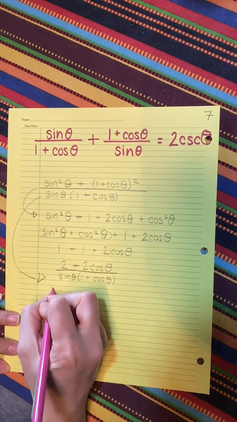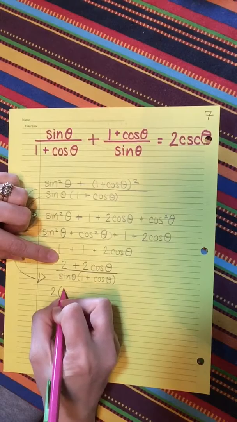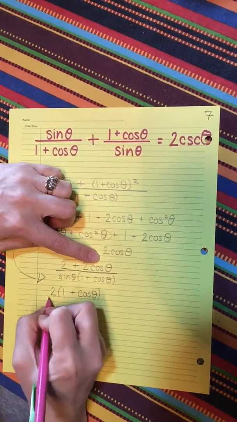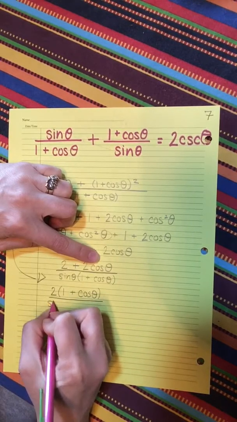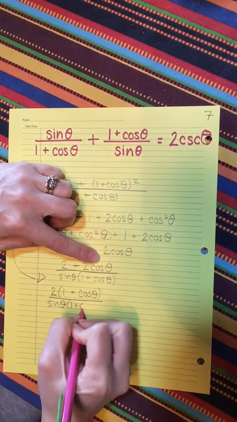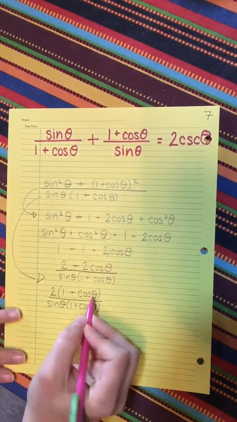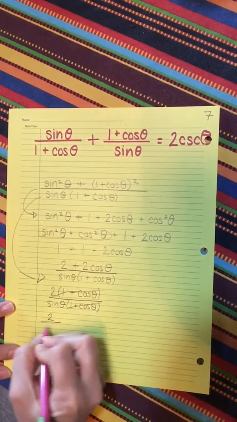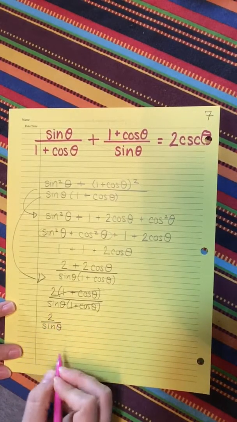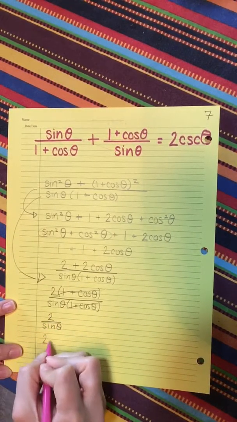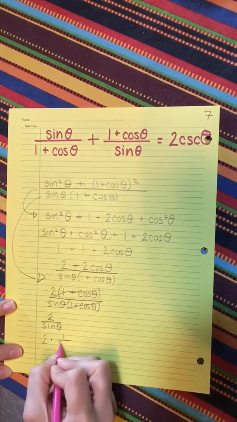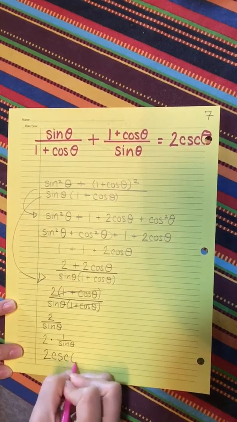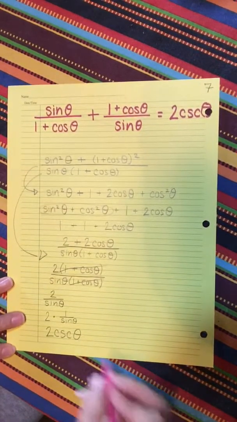When we do that, that leaves us on the inside with 1 plus cosine of theta over sine of theta times 1 plus cosine of theta, which is really nice because that 1 plus cosine of theta cancels out. So now we're at 2 over sine of theta, which we know is the same thing as 2 times 1 over sine of theta. And 1 over sine of theta is cosecant of theta, which is what we wanted it to equal.